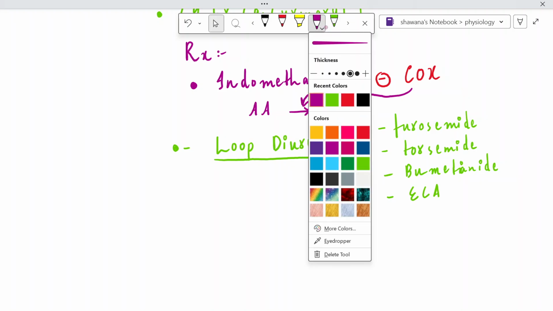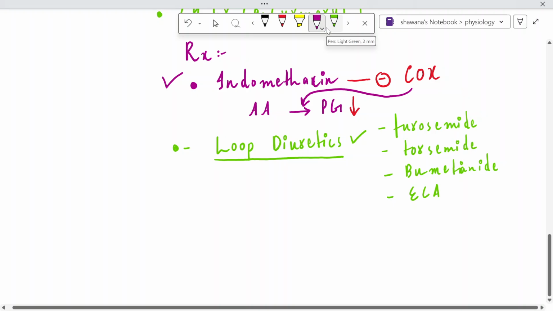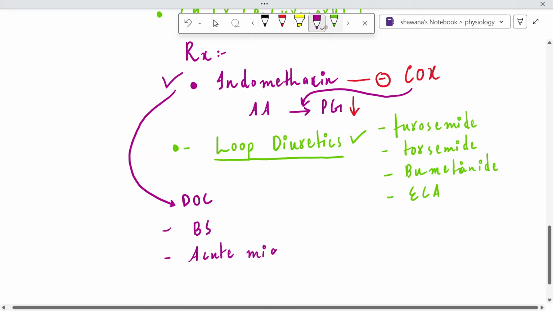As we are discussing indomethacin, I can just mention here that indomethacin is a drug of choice in case of the following conditions. First is Bartter syndrome, we have discussed antenatal Bartter. Second is acute migraine. The patient suffering from acute migraine, we can just give indomethacin. The third is acute gout, in which there is podalgia.